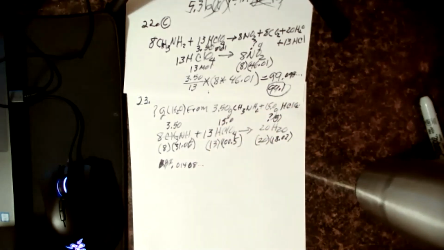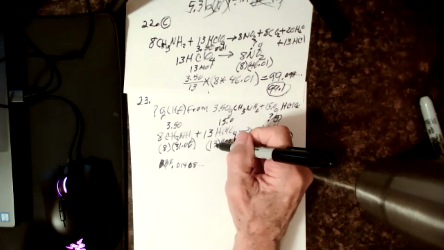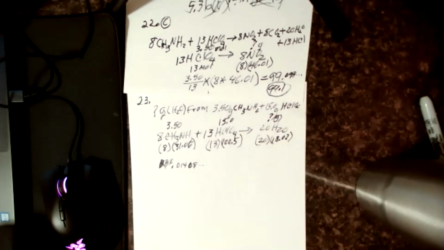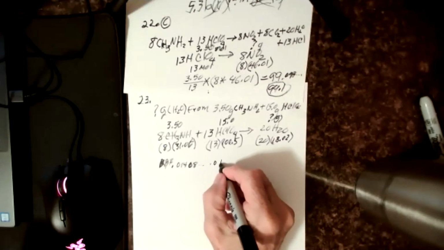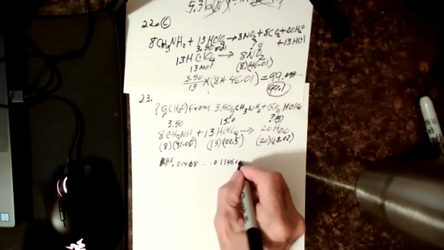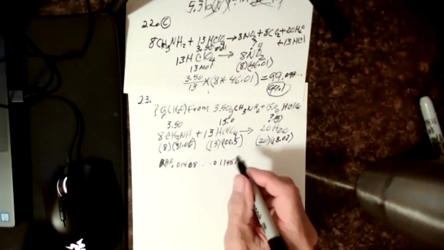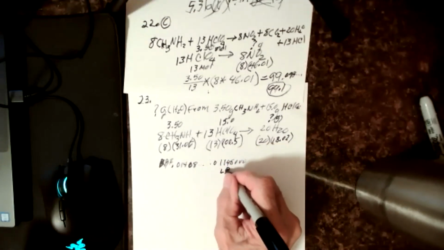And then 15 divided by 13 divided by 100.5. This is 0.01148 and a whole bunch of other digits. 0.014008 is smaller, so this is the limiting reagent.